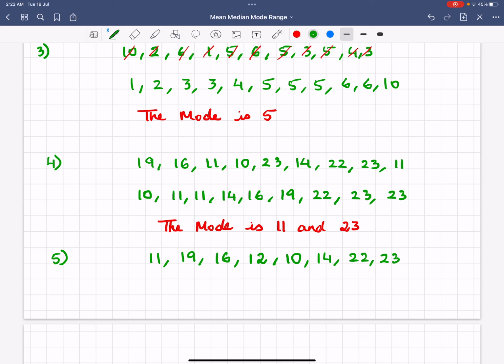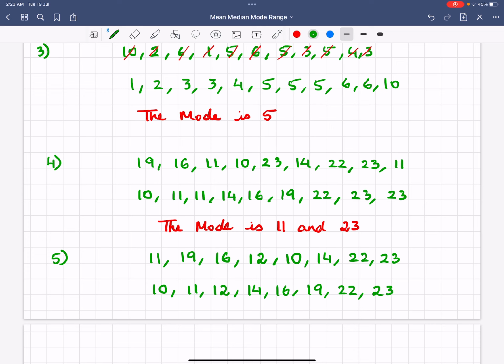So when we write these numbers in ascending order, we have 10, 11, 12, 14, 16, 19, 22, and 23.